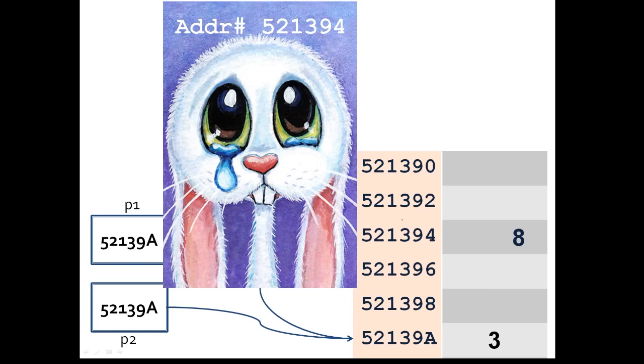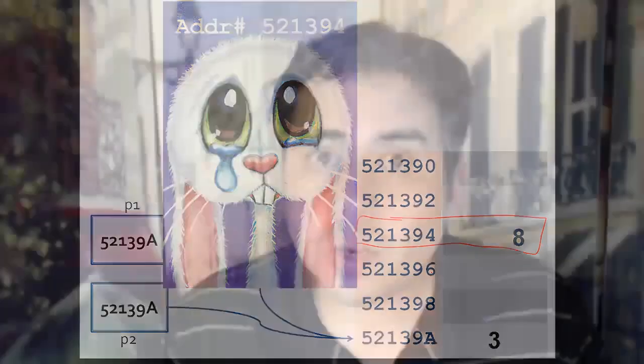And so what we've done is effectively orphan memory, which has led to a poor, sad bunny at address 521394. We want to make sure we don't do something like that, where we orphan a lot of memory. That's also what happens with memory leaks. You might have heard that terminology before: if you leave a program running for long enough, it starts to consume a lot of the RAM on your computer.